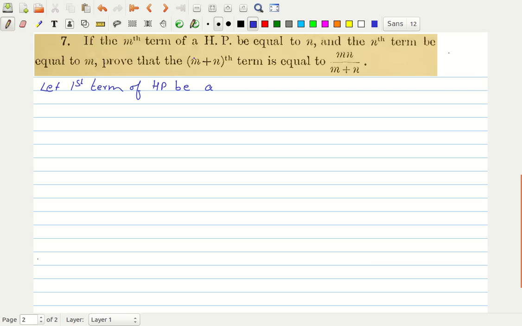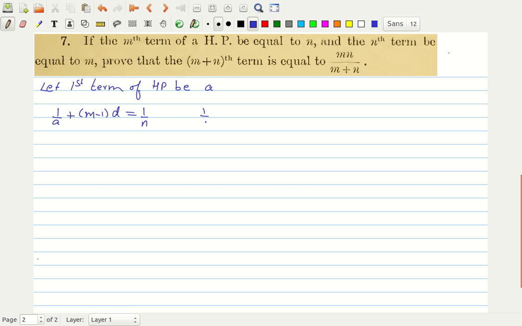Now, because the reciprocals of an HP are in AP, we know that 1 by a plus the mth term, so m minus 1 times the common difference d, which we don't know yet, is equal to 1 by n, because the reciprocals are in arithmetic progression, and this is simply the formula for the nth term of an arithmetic progression.